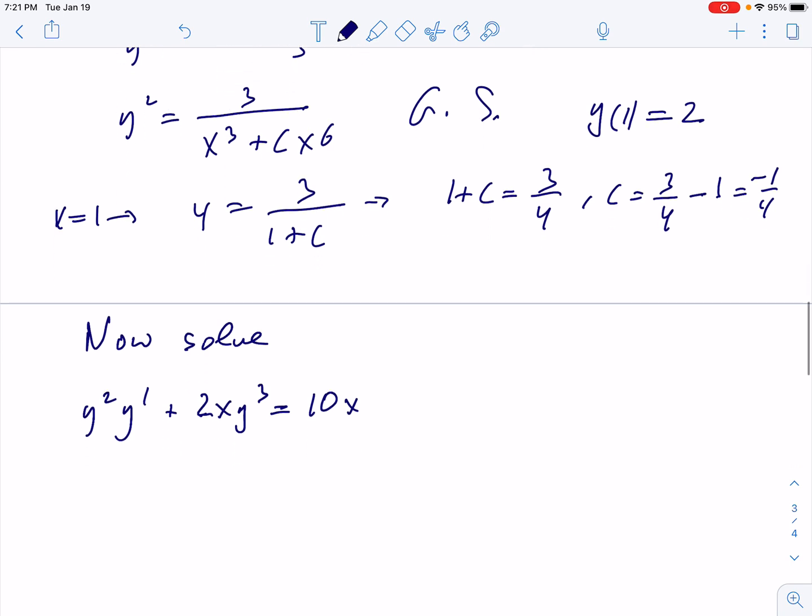The equation is not in standard form. To make it standard form, we have to divide by y squared. It becomes y prime plus 2xy equals 10x y to the negative second.